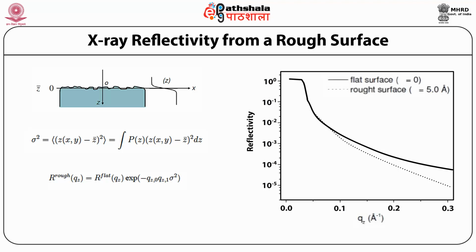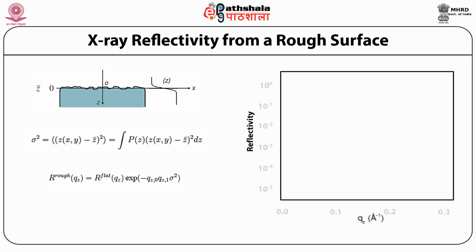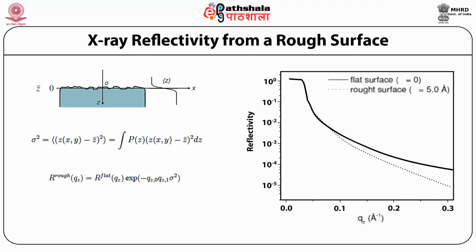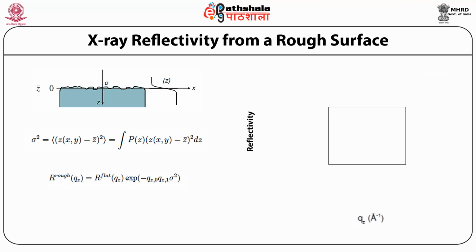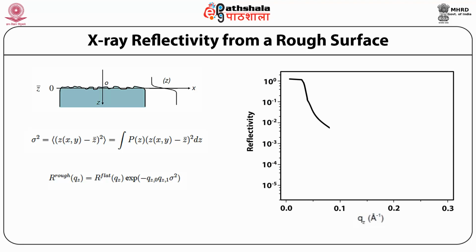So sigma represents the average roughness of the surface, and as we know, even the surface of pure water or an atomically flat surface has a minimum roughness of the order of angstrom, or atomic scale roughness. So that roughness is always present in these specimens, but there can also be higher roughness.